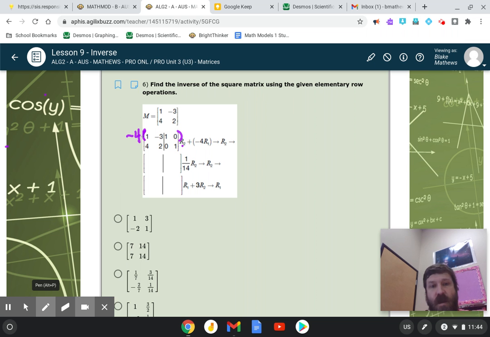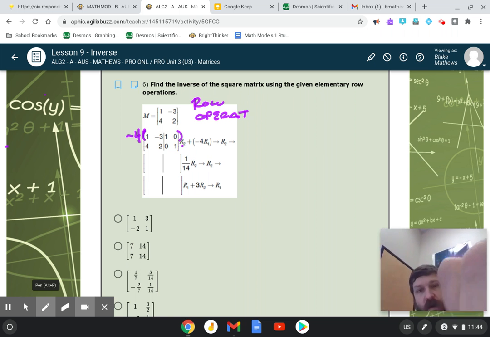So then you're going to need to write this down. Do that. Then it says to take row 2, multiply it times 1 over 14, and then put it back in row 2. So you do that. So you're going to have to do multiple steps. So you need to follow the row operations here, step by step. Once you do that, you'll get down to the final result after you do the last row operation here: row 1 plus 3 times row 2 and put it in row 1.